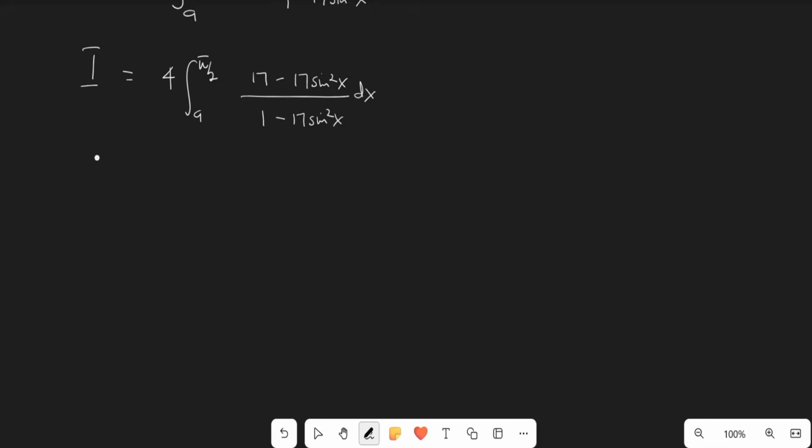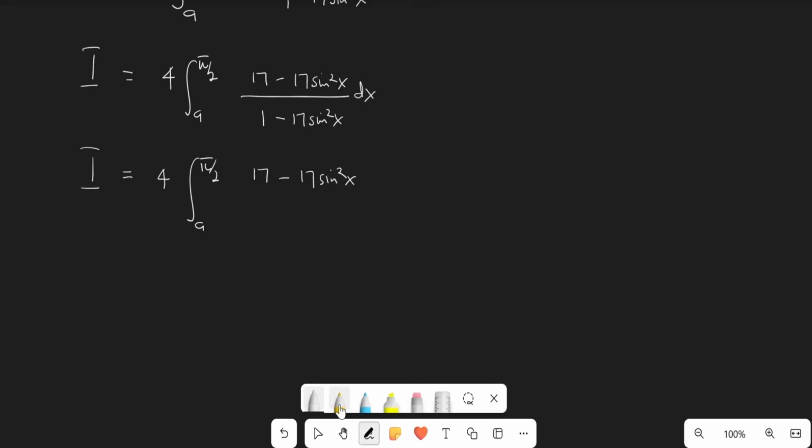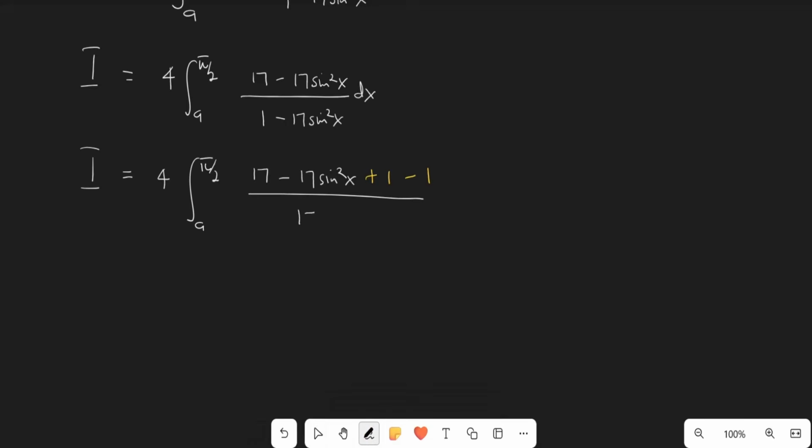So next task is to add and subtract 1 to the numerator. So I have 17 minus 17 sine square of x, plus 1 minus 1 like this. And then I'm going to divide by the denominator, which is 1 minus 17 times sine square of x, and then dx.